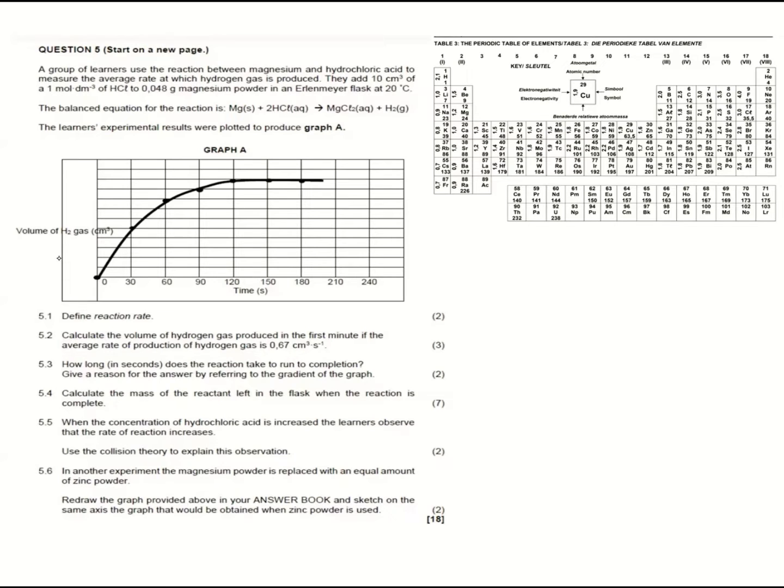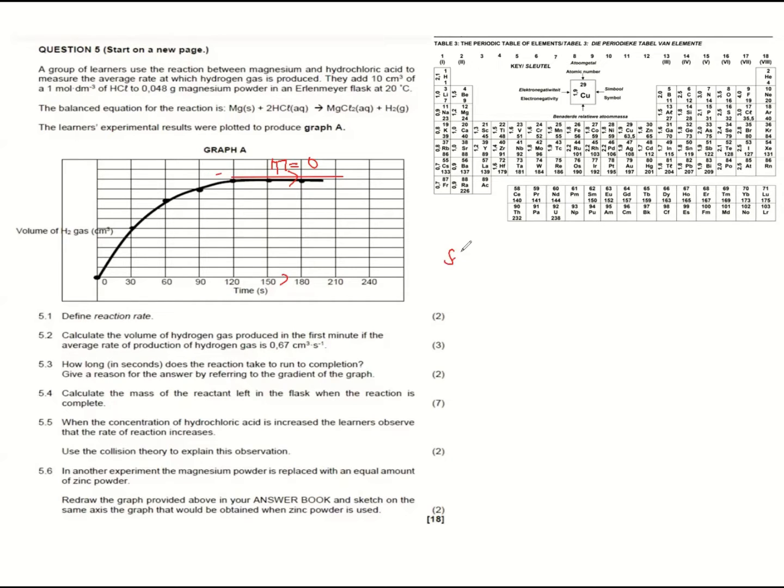From our maths, if we draw tangent lines here, we can see that the tangent line becomes horizontal, meaning it is parallel to the x-axis. It means the gradient of that line is equal to 0. According to rate of reaction, if the gradient of the graph becomes 0, it simply means that the reaction has run to completion.